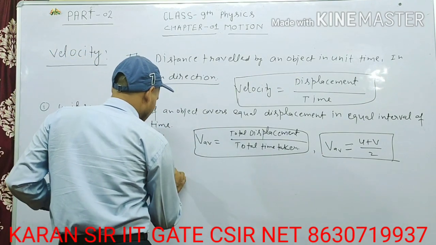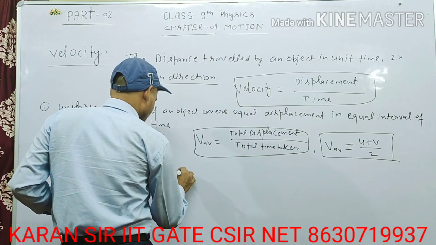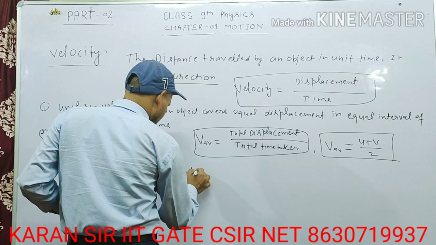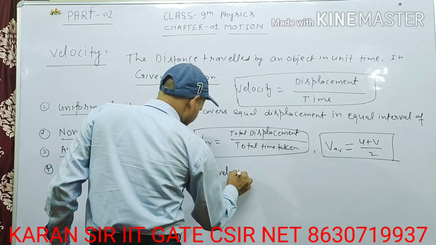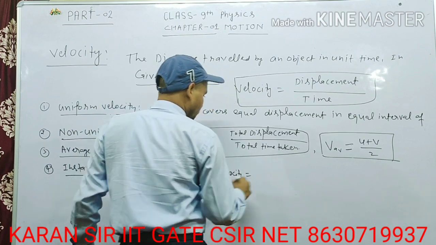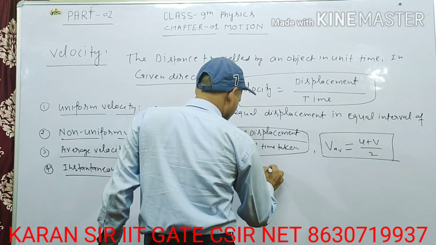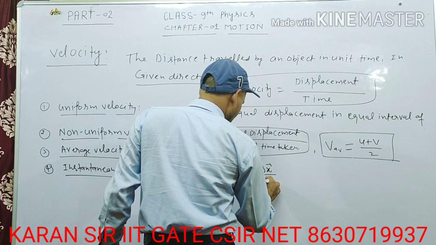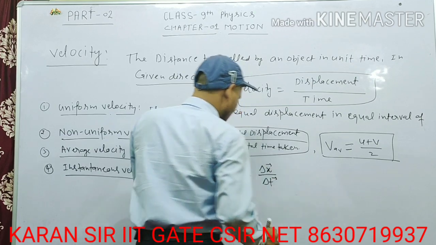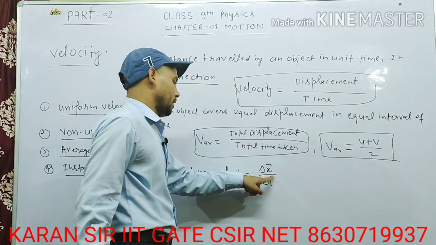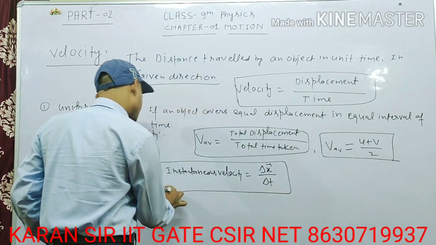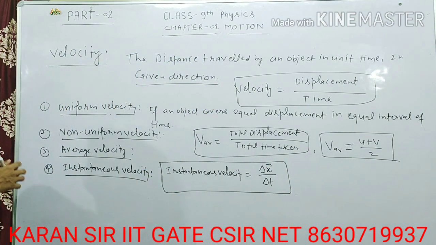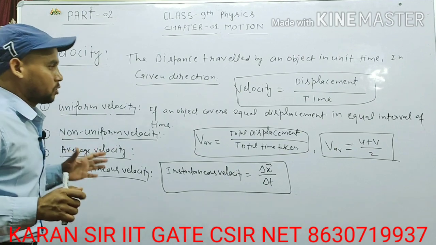So the instantaneous velocity equal to instantaneous displacement upon instantaneous time. Here the direction indicates that it is a vector quantity. Okay, so this is all about the speed and the velocity.